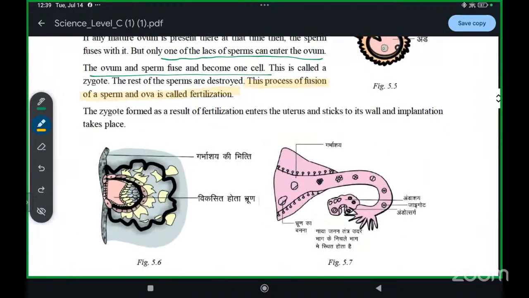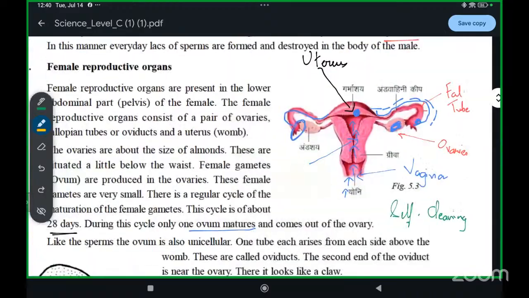A zygote formed as a result of fertilization enters the uterus and sticks to the wall, and implantation takes place. I showed you this diagram.